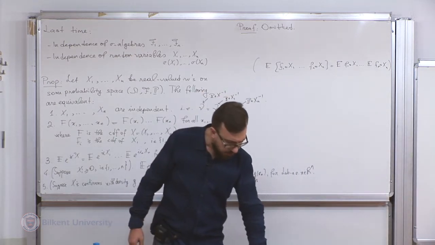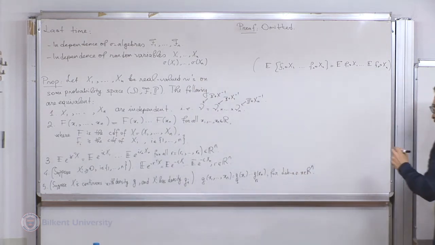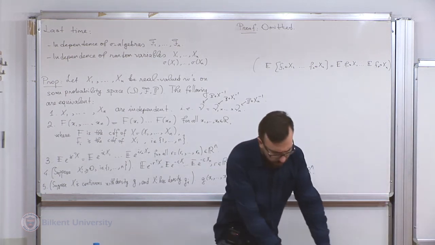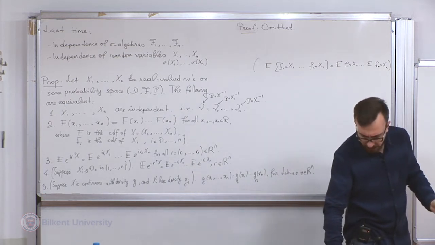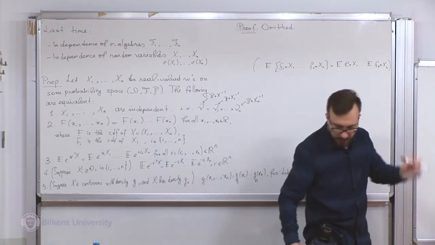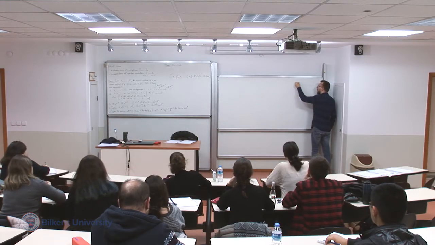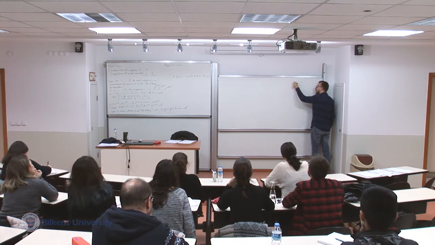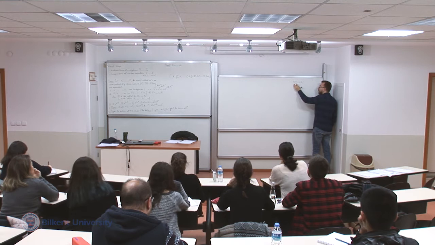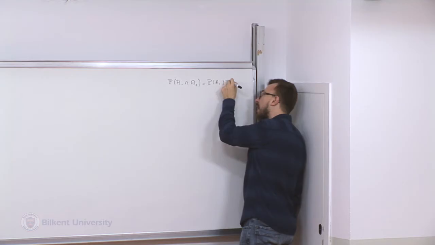So just to finish this discussion on independence, I'd like to also talk about the simplest type of independence that we learn in elementary courses. So what is independence of two events? If you have two events, their independence means the probability of the intersection is the product of the individual probabilities, right?